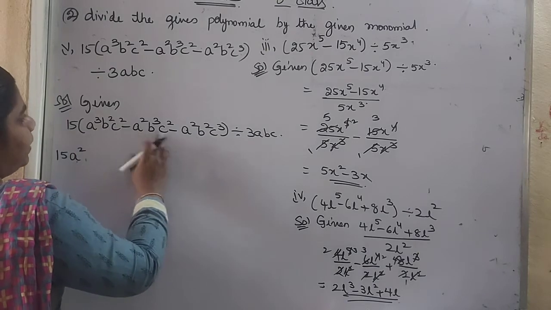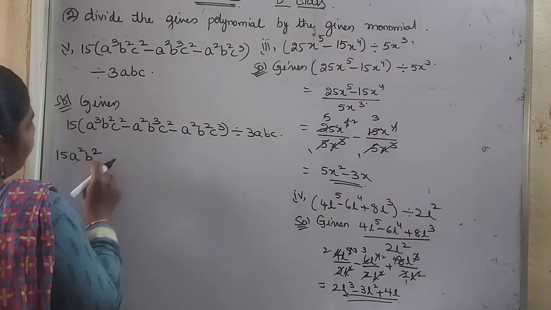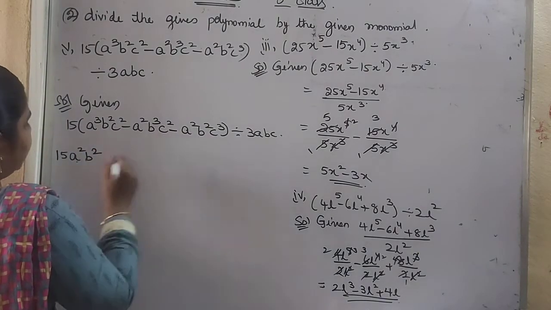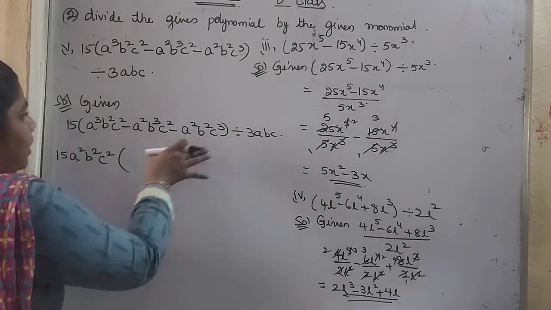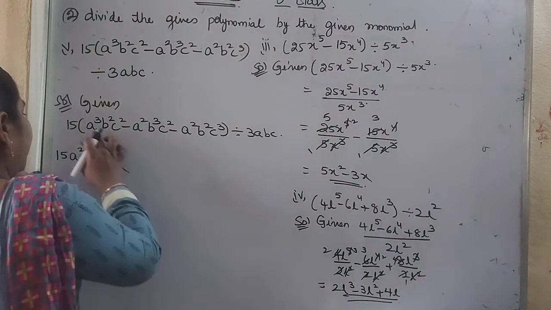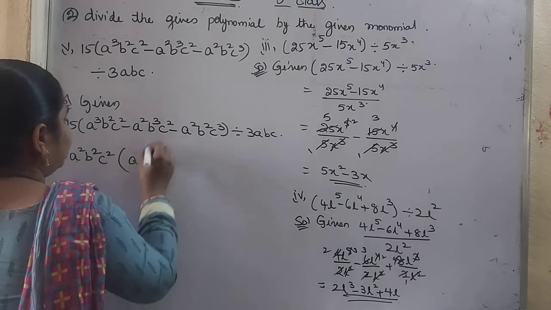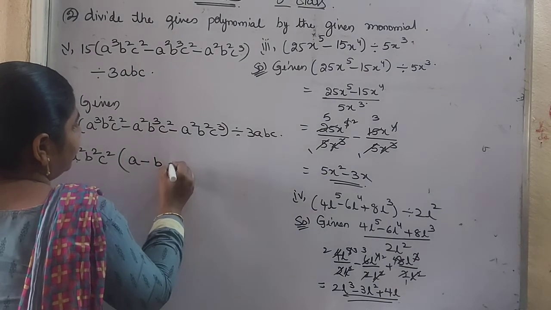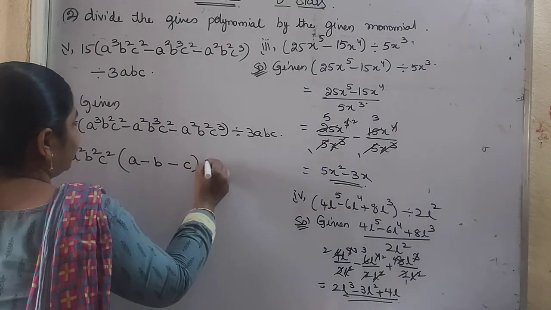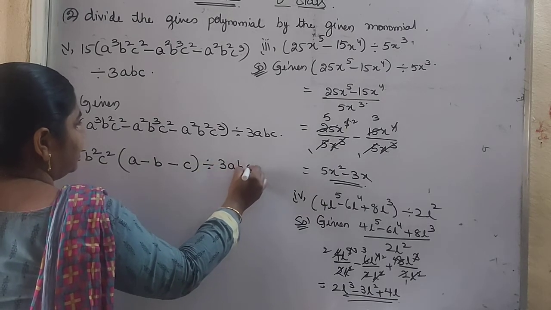Next b square, b cube, b square means b square is common. C square, c square, c cube means c square is common. The remaining terms I am writing in the bracket now. In this a is remaining, in this b is remaining, in this c is remaining, divided by 3abc.